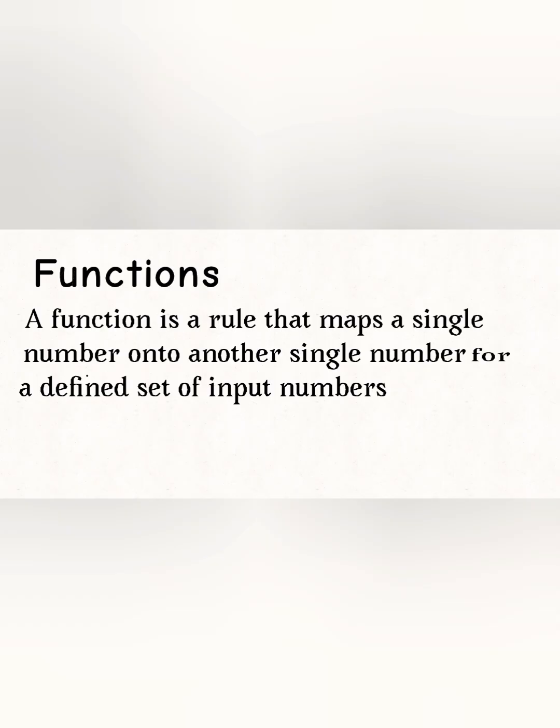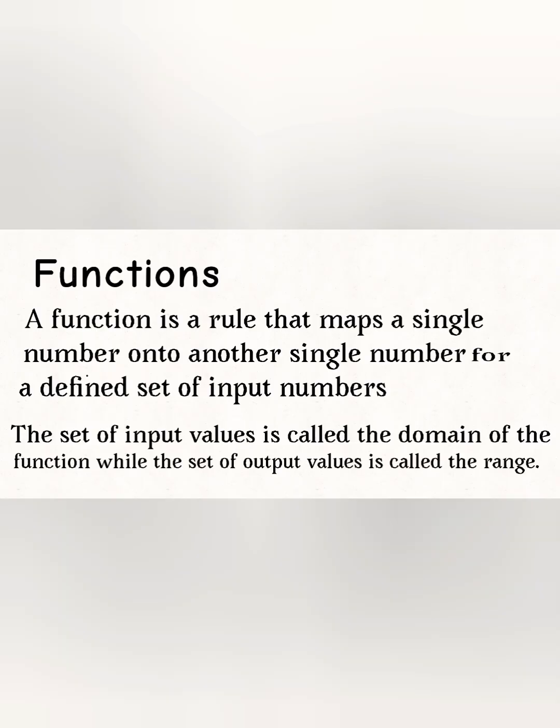Think of a function as a machine. You have certain inputs that you put into a machine. The machine does the work, it does the processes, and then you get the outputs. That's what happens to a function. But you don't just put any input into a machine.